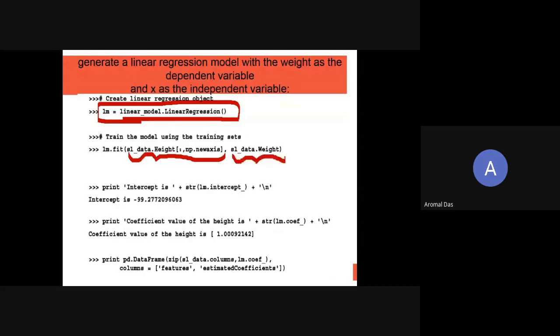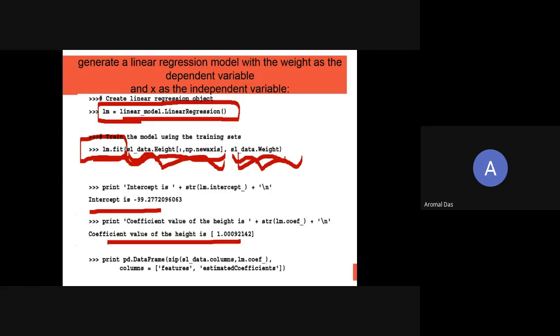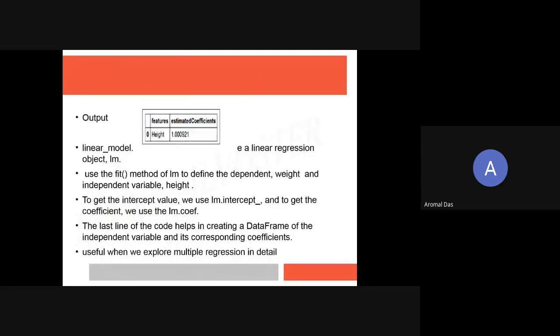This lm is a regression, and the regression model is created. lm.fit means we are training it using some pairs; these are the pairs we are selecting. After that, print the intercept value and coefficient value. So we will be getting the features and estimated coefficients, which will be like this.